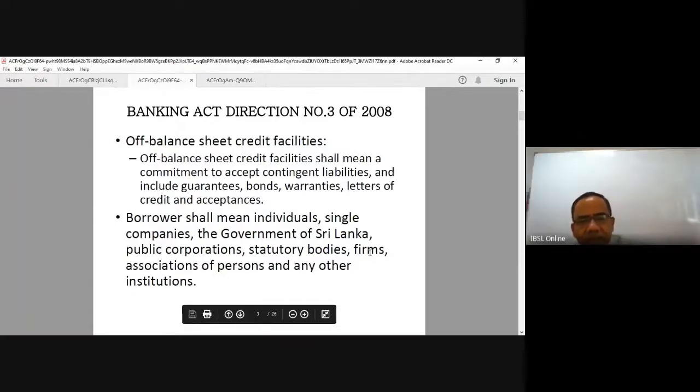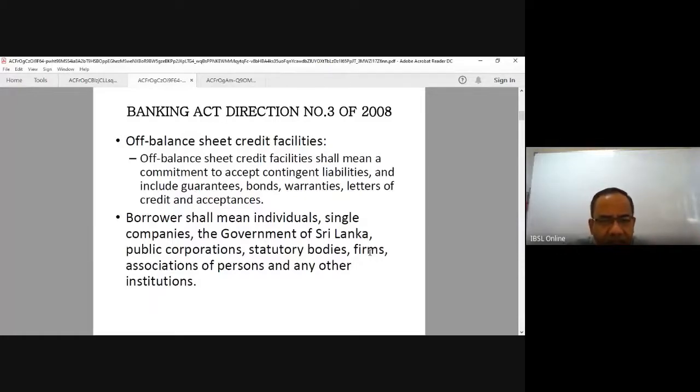So off-balance sheet items are, as I was telling, items which will turn into on-balance sheet items down the line based on certain eventualities, which many a time are almost certain. Like LC, the moment import documents are submitted by the presenting bank, the LC becomes a funded facility unless the customer has funds in his account.